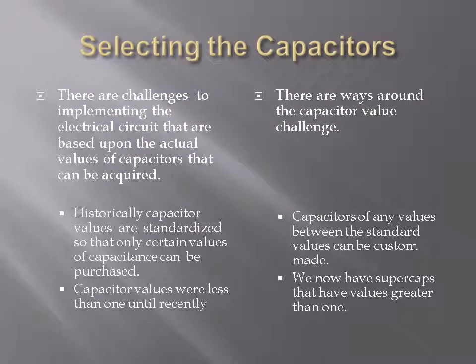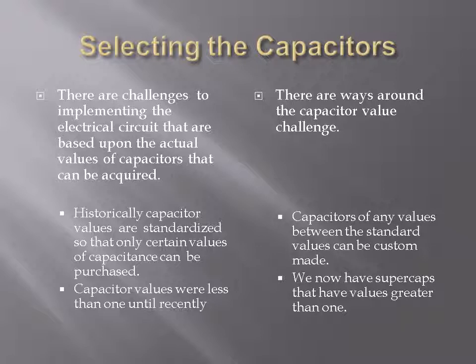One of the first challenges that you will encounter when implementing the electrical analog circuit is that the circuit is based upon the actual values of capacitors that can be acquired in the market. Historically, the electrical component market provided only values that are standardized, and so only certain values can be purchased.